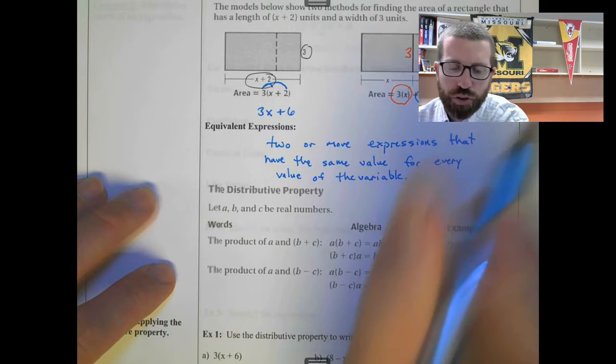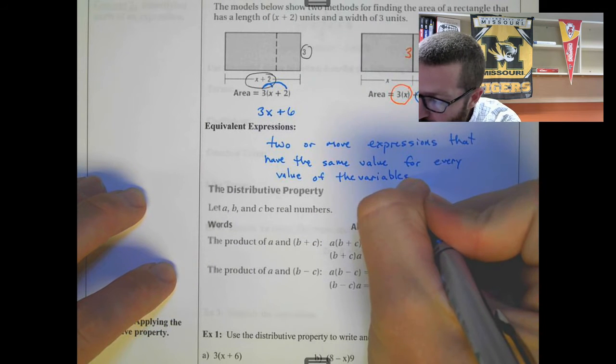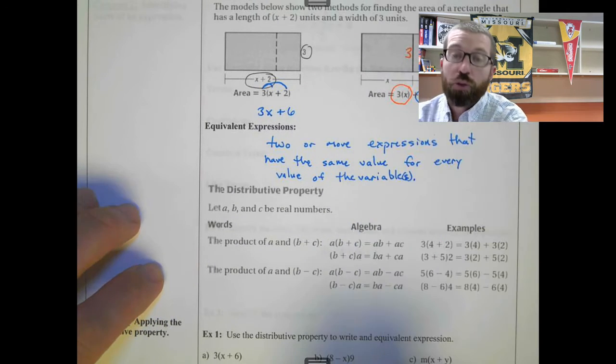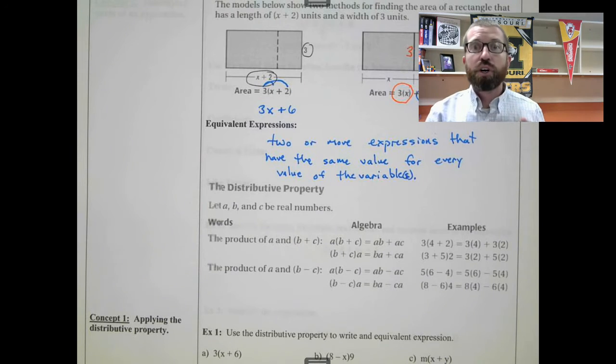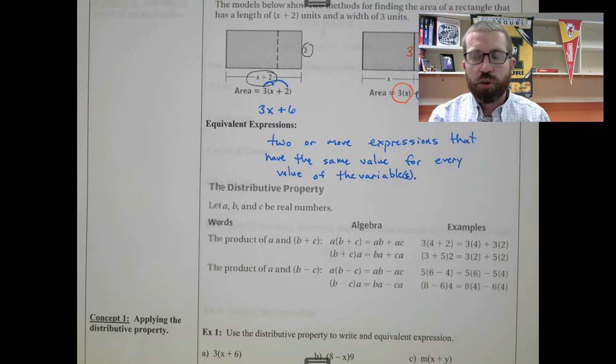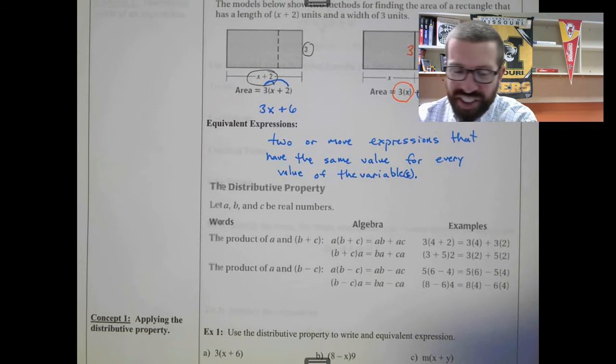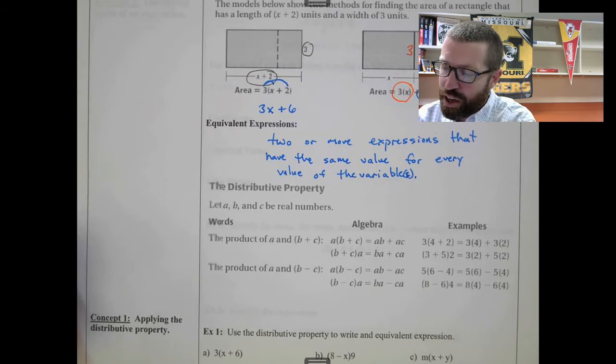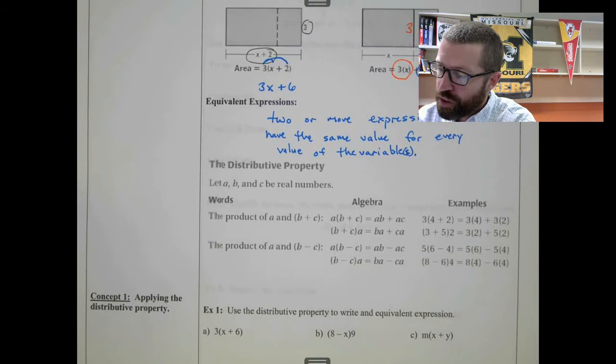So if 2 expressions are equivalent, then no matter what you plug into the variable or variables, you'll get the same number or same value. And so it's just a different way to write an expression.